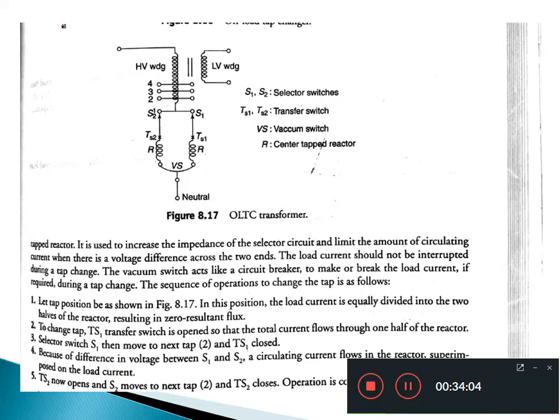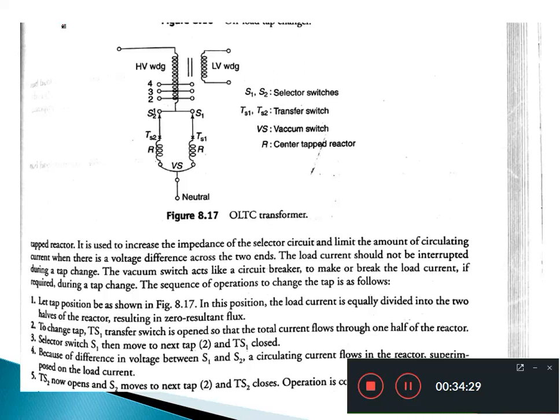Then we have to discuss the different transformers, OLTC transformers, which are used to control the corresponding parameters. So HV winding and LV winding, with different tapping points. You change the tap position and control the voltage level with the help of on-load tap changing transformers.